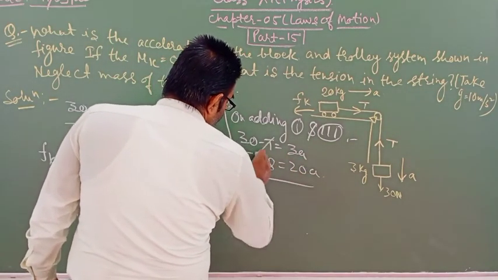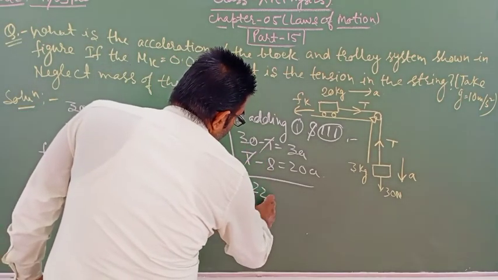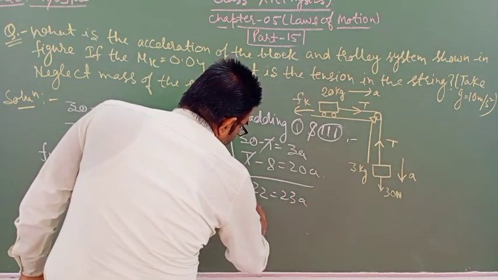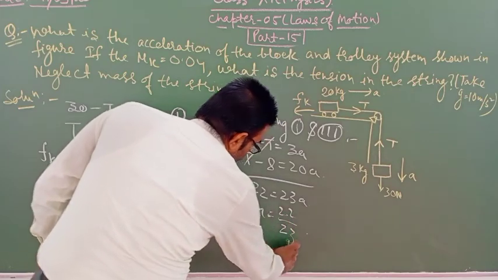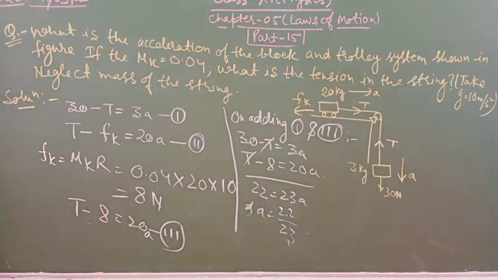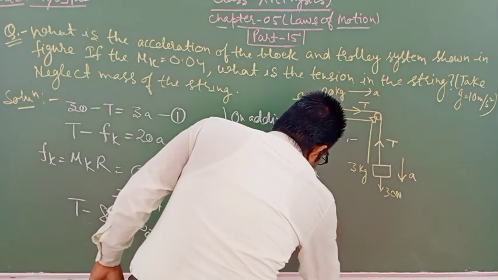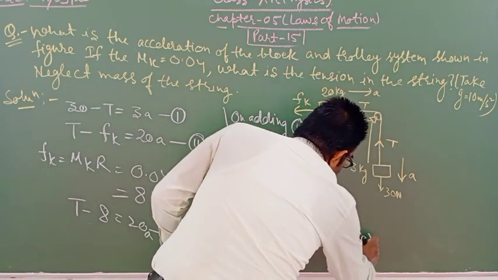So T cancels out and it will be 22 is equal to 23a, and a is equal to 22 upon 23, that is 0.96 meter per second square.